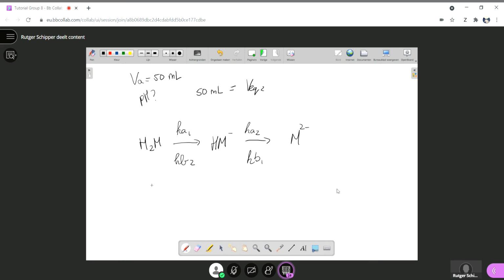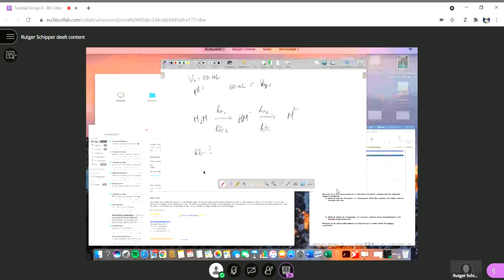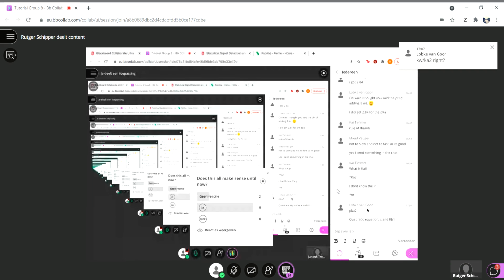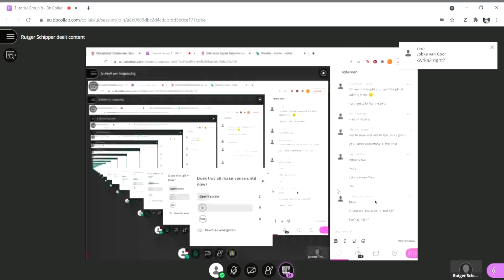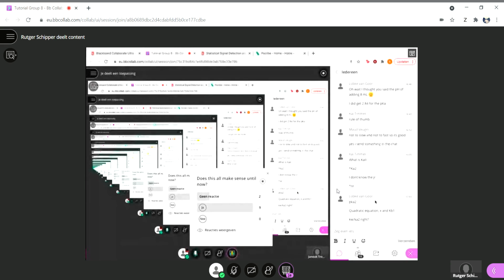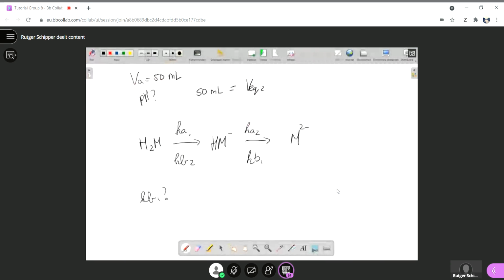So how do we calculate the Kb1? Kw divided by the Ka2, right? Yes, exactly right. So Kw is equal to the product of Ka1 times Kb2, or the other way around.